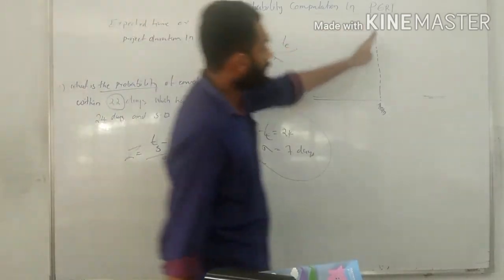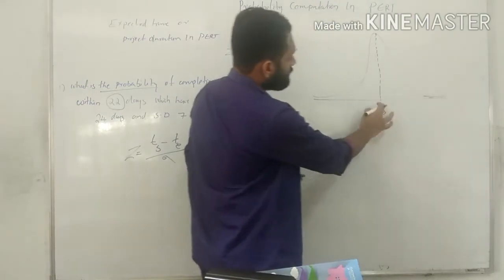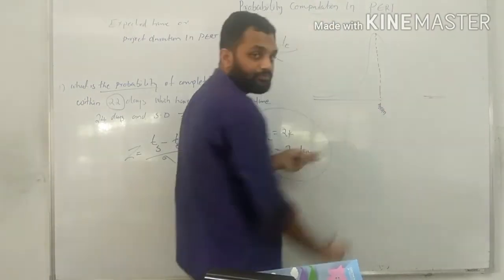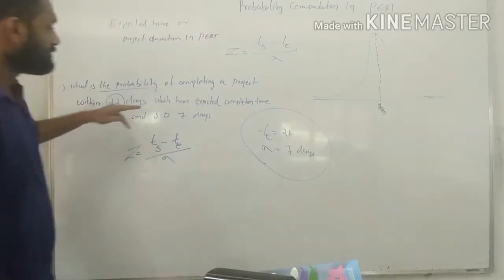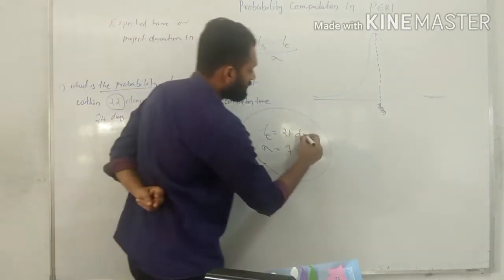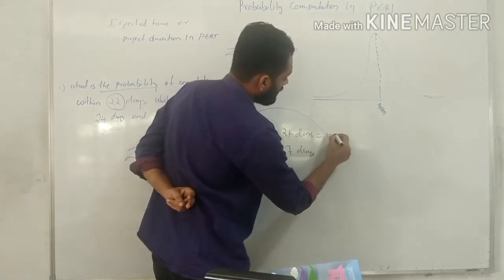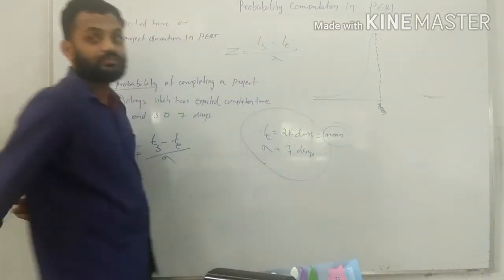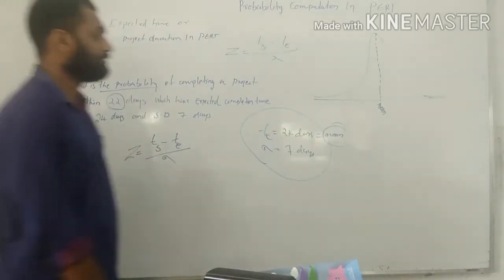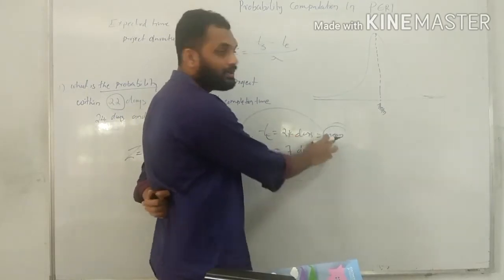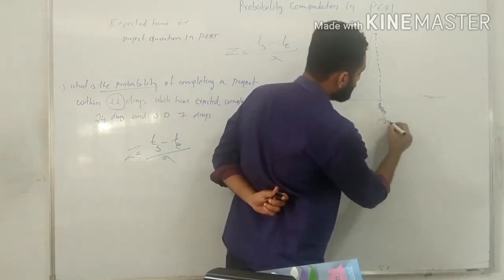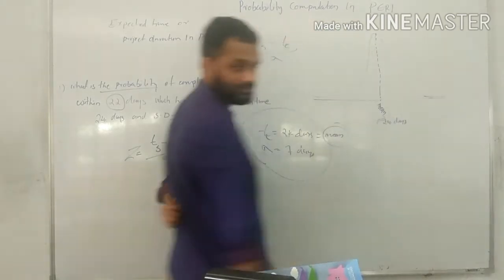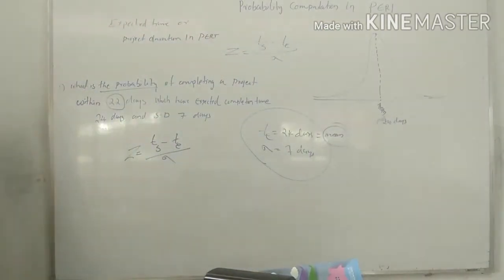Here, in the standard normal curve, we know the central value will be the mean. So in this project, 24 days, the expected duration of the project, is the mean value. So we need to find the z value.